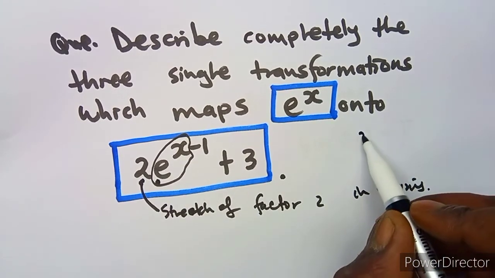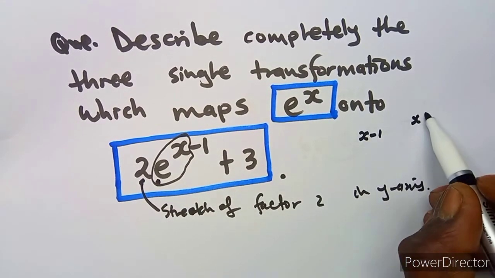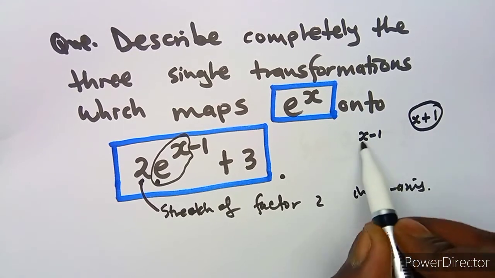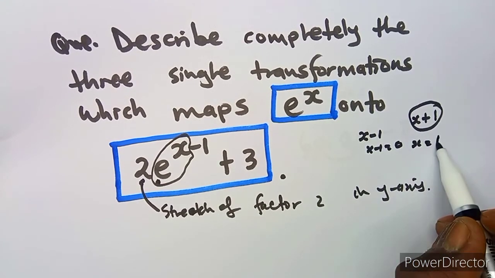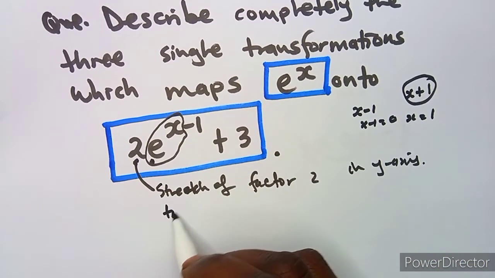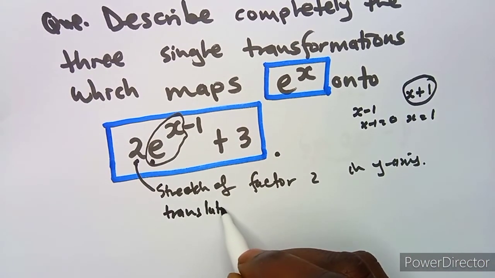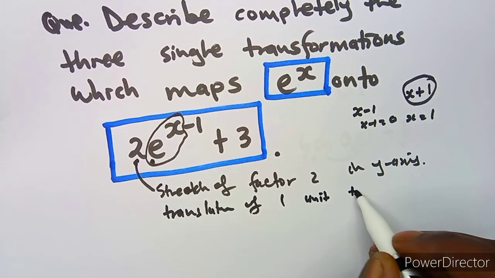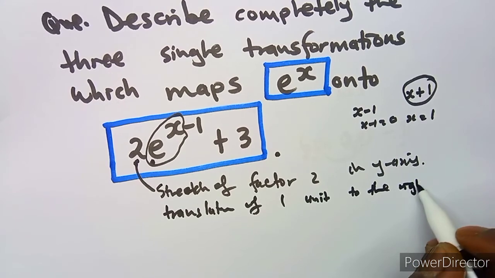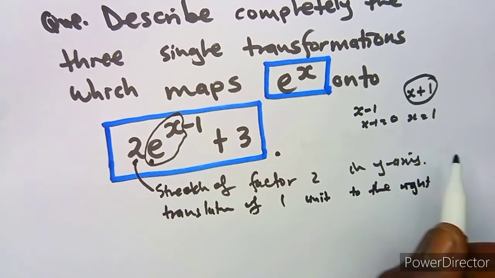X, guys, whenever you see x added or x subtracted, take note about that. You equate this to 0. So x minus 1 is equal to 0, which is x is equal to 1. So it's a translation, this one. That's a translation of how many units? 1 unit to the right, because negative changes to positive.